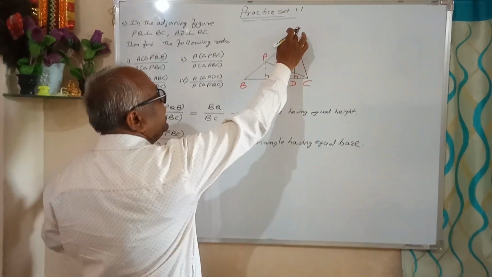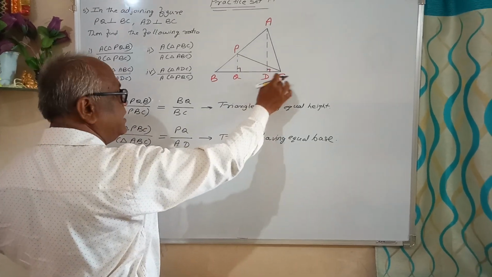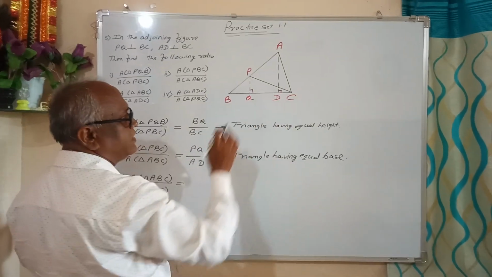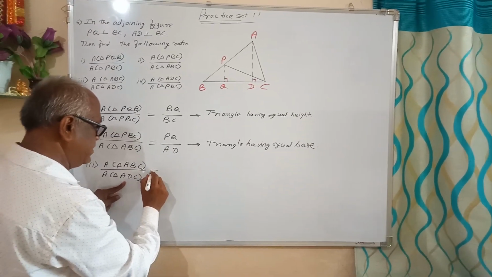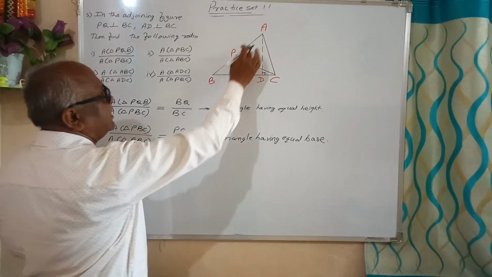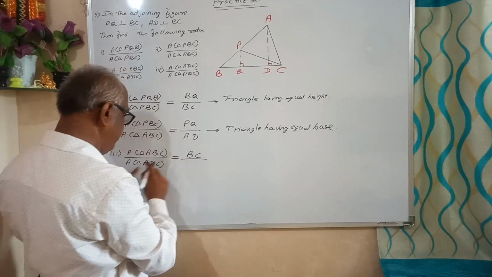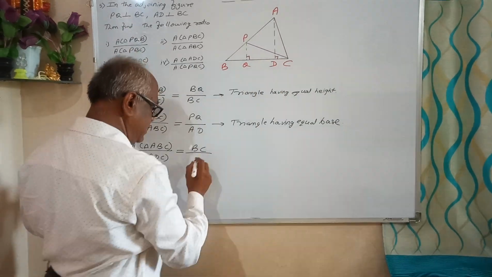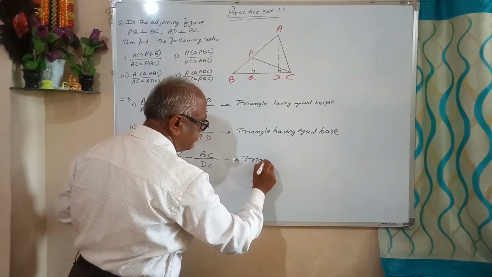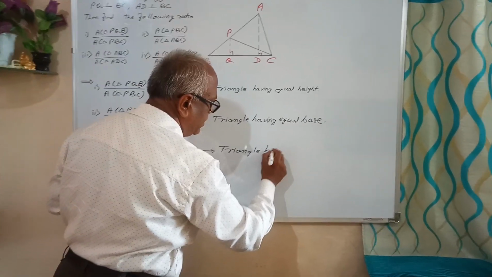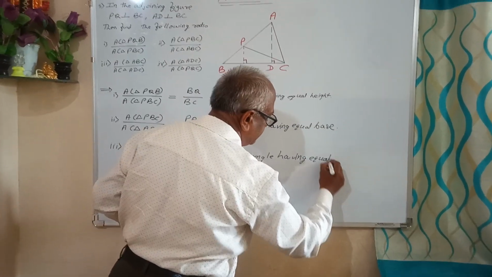In triangle ADC, AD is the height and DC is the base. The height is the same, that is, equal height is there. So base upon base, that is, for triangle ABC, BC is the base, and for triangle ADC, DC is the base. Triangles having equal height.